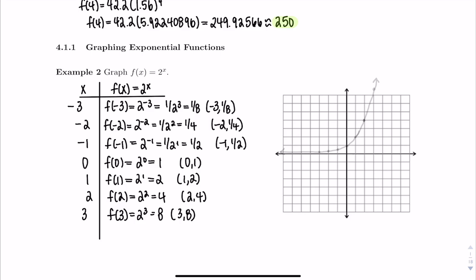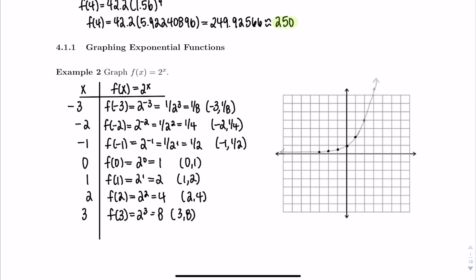So we have the point -3, 1/8. So that means it's super close to 0. We have -2, 1/4. So a little bit higher up, but not much. We have -1, 1/2. We have 0, 1.